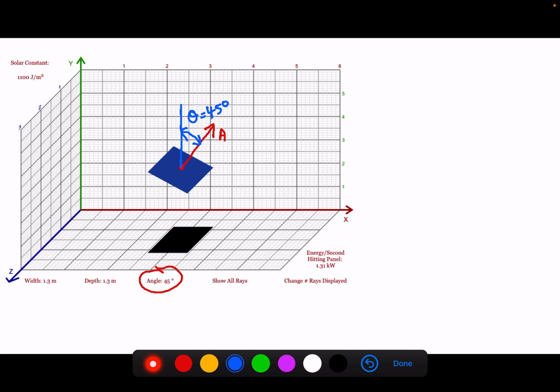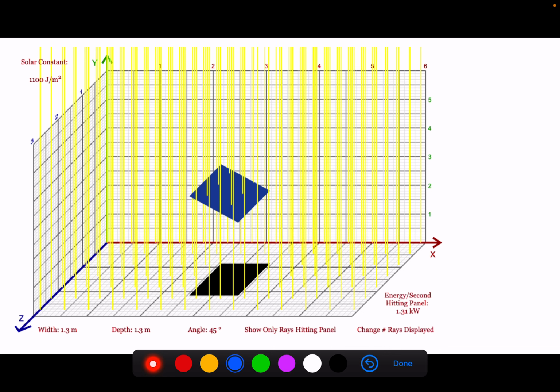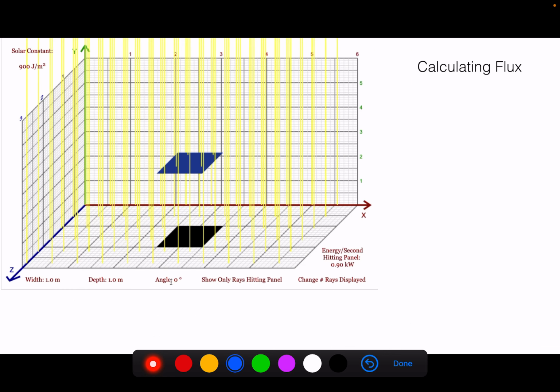If we wanted to figure out the actual flux using a mathematical formula, what we would do is we say flux equals the solar constant times the area, and then we do times cosine of the angle between them.